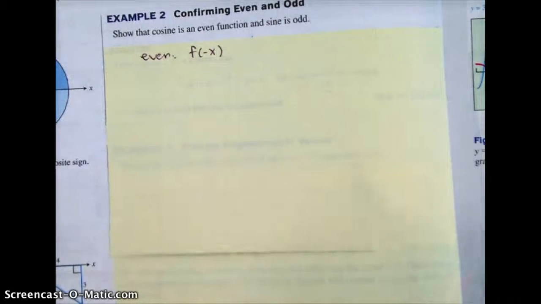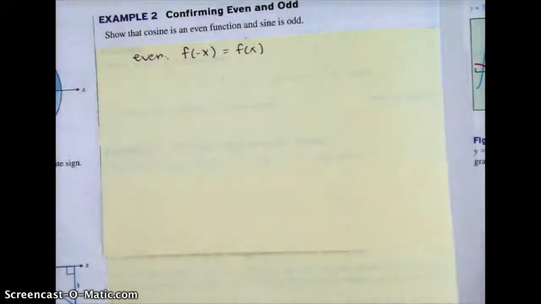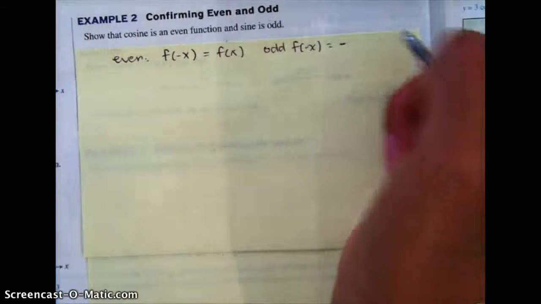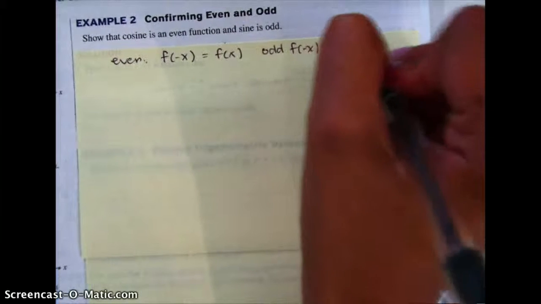So, next example, let's remember how to show that something is even or odd. The formal definition of even is that if I plug in a negative x to the function and simplify, I'll get the same function back. Odd is when if you plug in a negative x and simplify, you get the negative version of the same function.